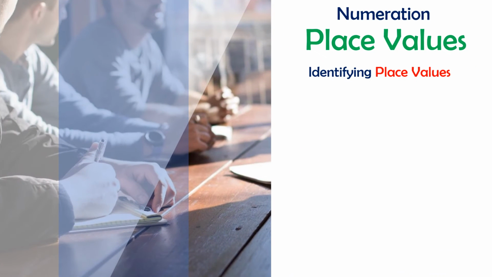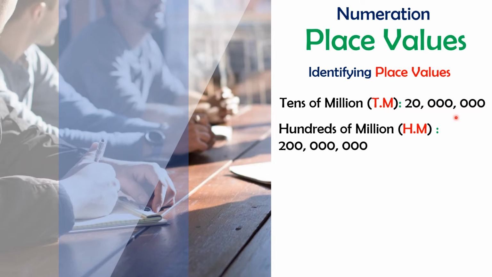After a million comes tens of millions: 2 digits with 6 zeros. In total it becomes 8-digit numbers. After tens of millions comes hundreds of millions. That is 200 bearing 6 zeros.